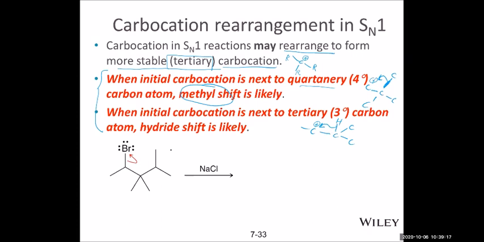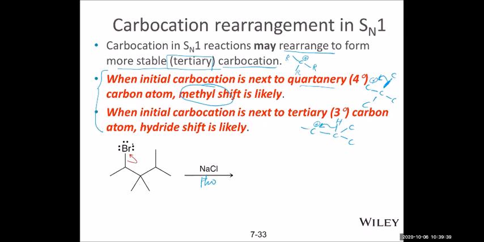And so this is the reaction. That is the first situation. It happens because you can see there's a bromide on a secondary carbon, and in the solution you have sodium chloride and aqueous water in the reaction.